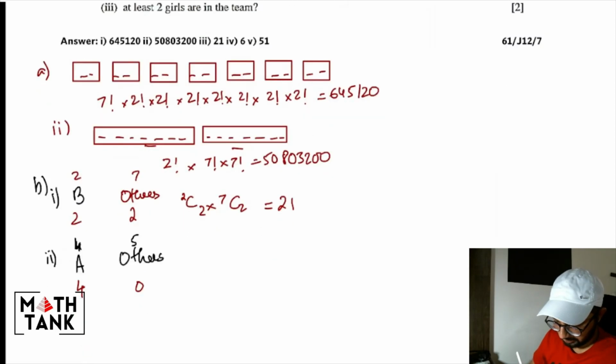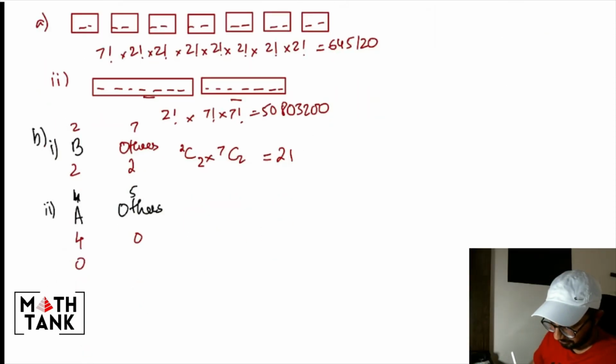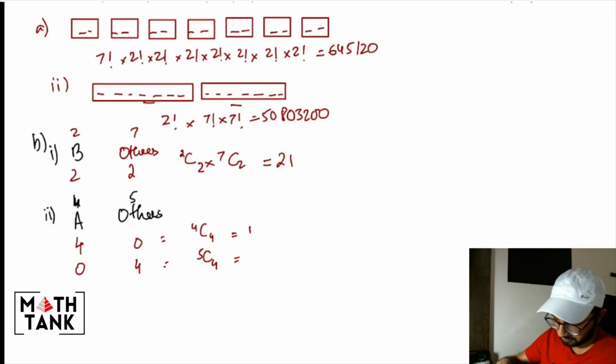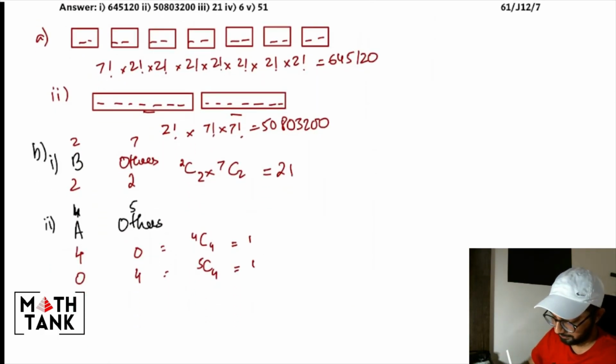If they're not all in the team, then I need 1. So this is 4C4 and this is 5C4. I can ignore the zeros if I want. That gives me 1 and 5C4 should give me 5, I think. Yeah. So I have a total of 6.